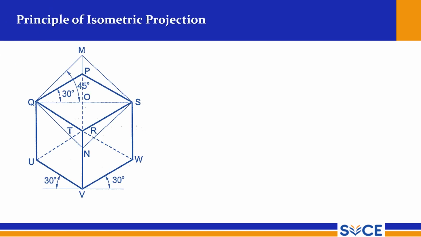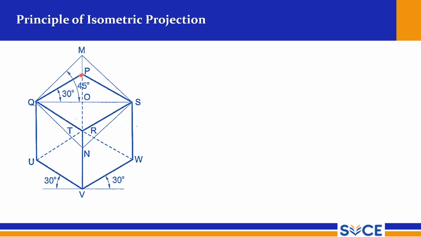The principle of isometric projection: this is the actual cube, and this is the true shape of the cube, and it is a square, drawn at 45 degrees to the diagonal. That is the actual square, whereas the iso square is drawn at 30 degrees.